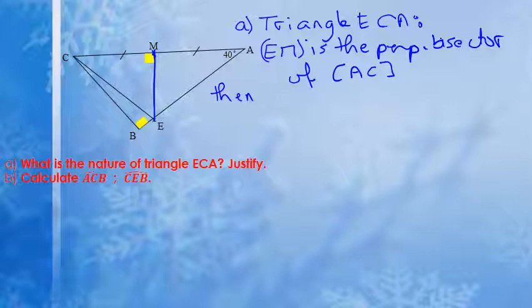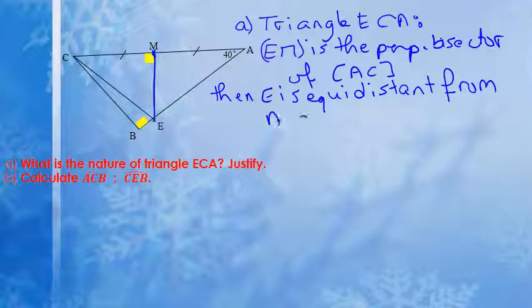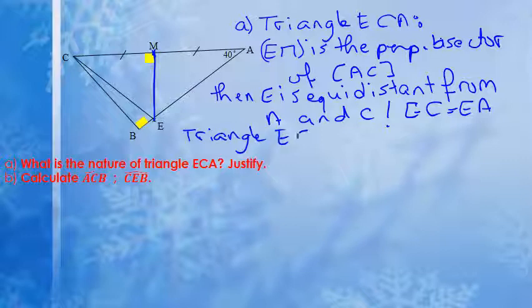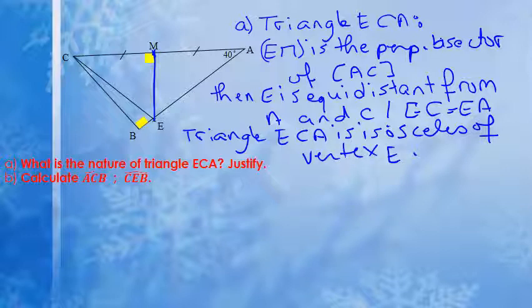Then E is equidistant from A and C, which means that EC is equal to EA. Then triangle ECA is isosceles of vertex E.